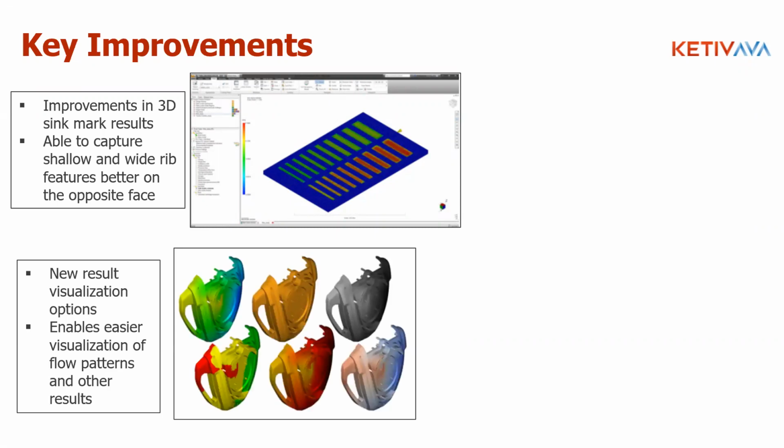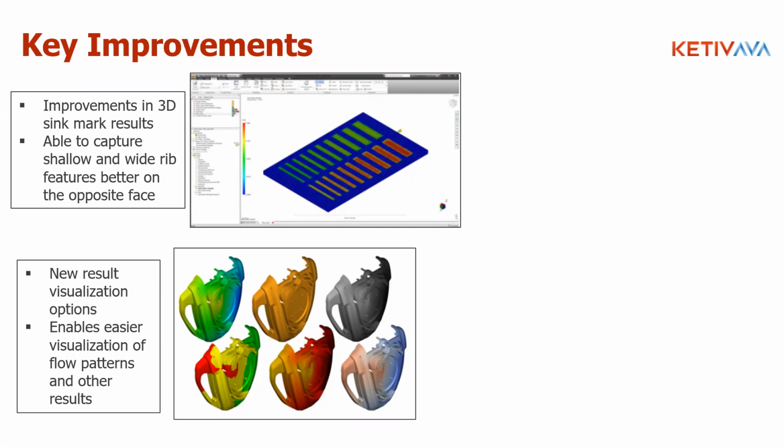Now this is one of the more visual and more obvious things that you will see, and that is the new visualization option. You don't just have one or two types of plots that give you different color schemes, with red being higher values and blue being lower values, that rainbow plot, quote unquote.